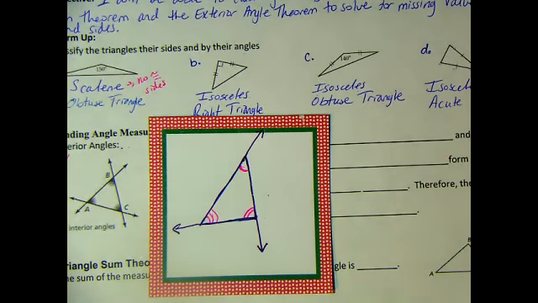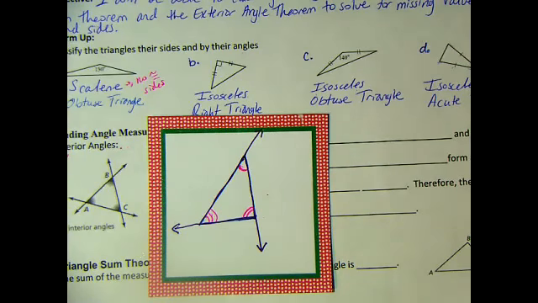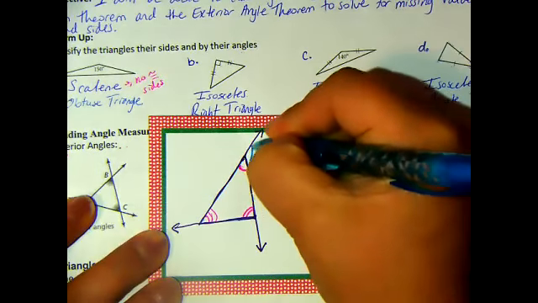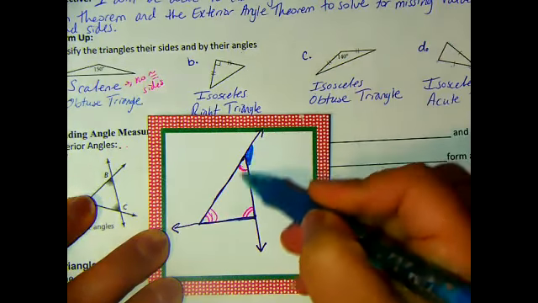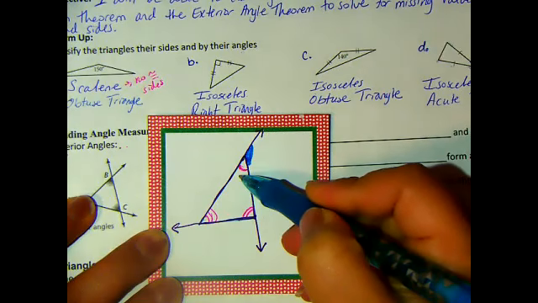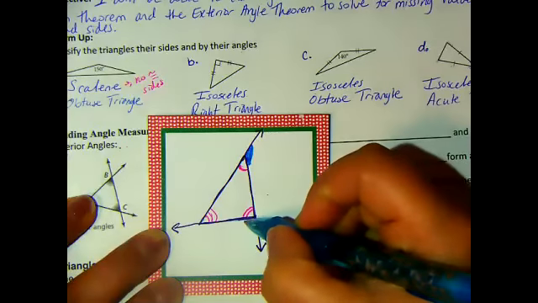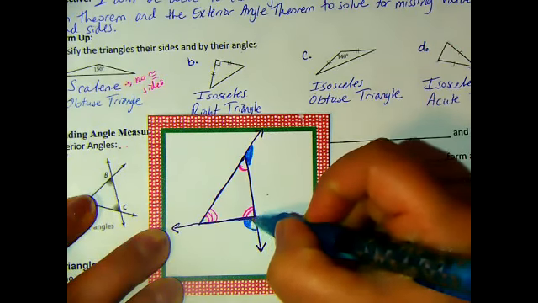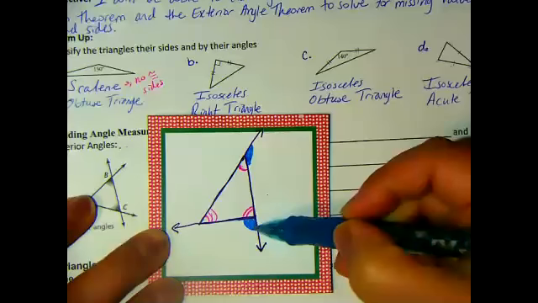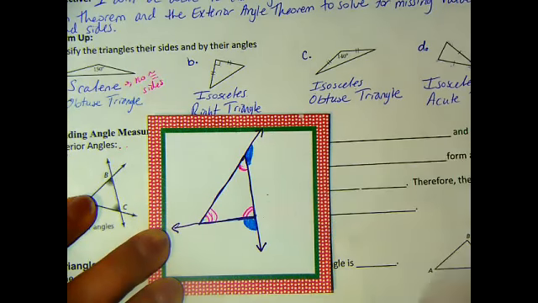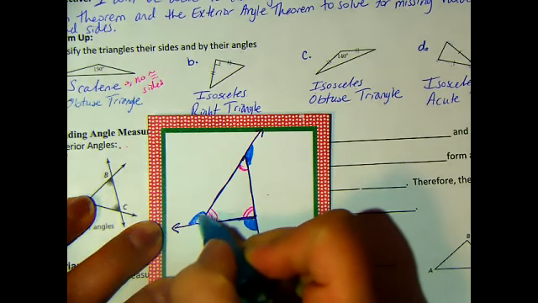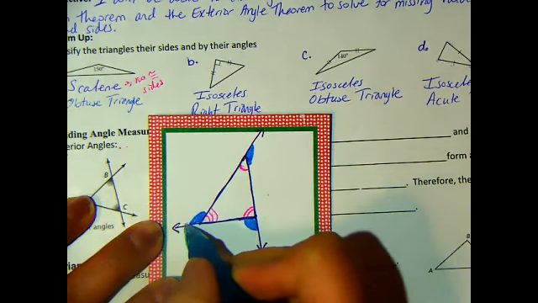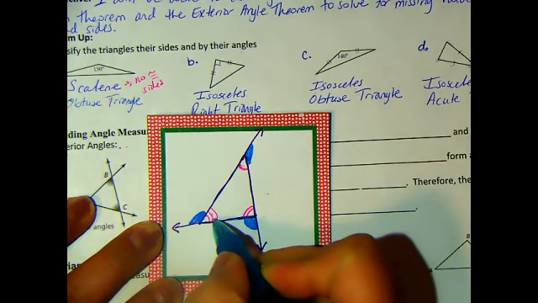What I have now created is exterior angles. Okay. So this guy right here, this is an exterior angle to this interior angle. This angle here is the exterior angle to this interior angle. And then this angle here is the exterior angle to this interior angle.